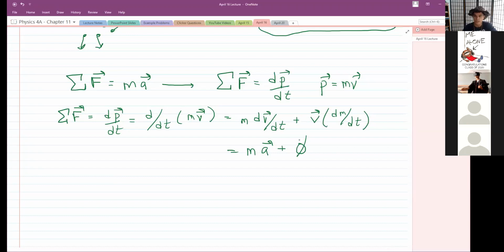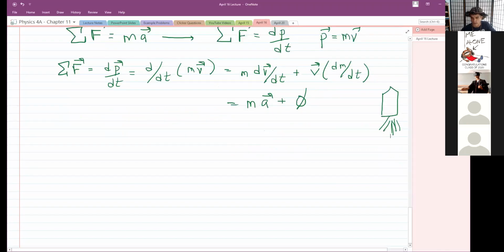But it comes up oftentimes when dealing with rockets. It ends up that 90% of the mass of a rocket is the rocket's fuel. And as a rocket is being launched up, its mass decreases dramatically. So if I wanted to use Newton's laws to solve something about the problem of a rocket moving upwards, I would have to take into account the fact that the mass of the rocket is also changing.